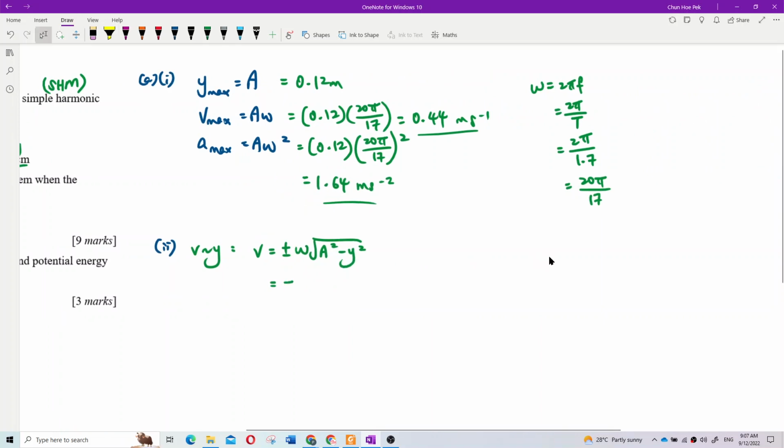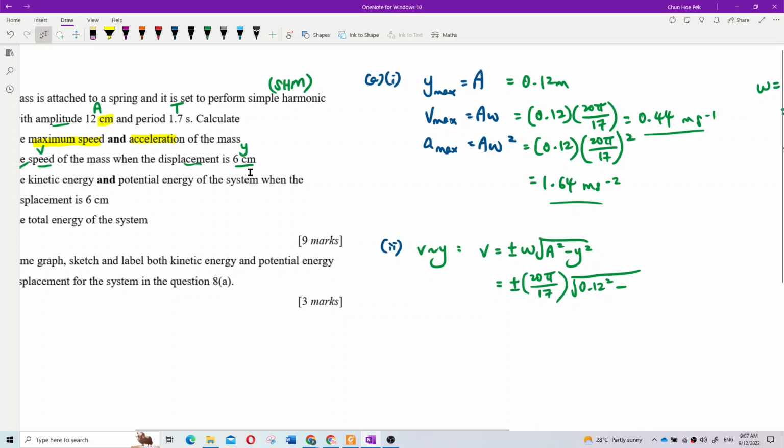Okay, so omega is 20 pi over 17, and the amplitude is 0.12 squared minus the displacement given, 6 cm.